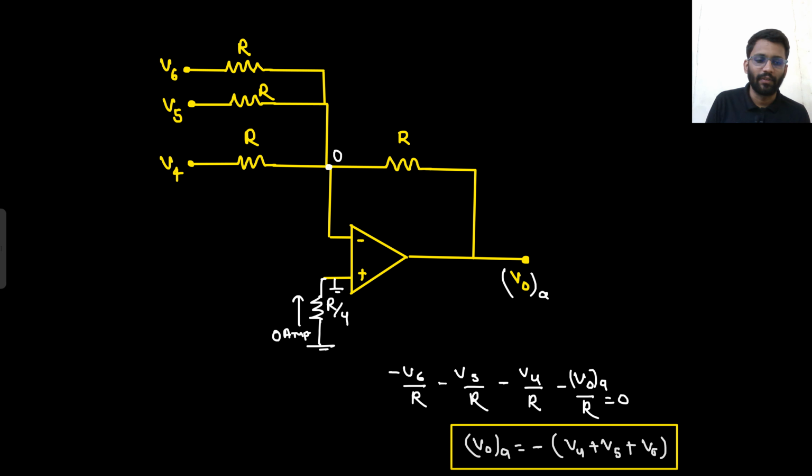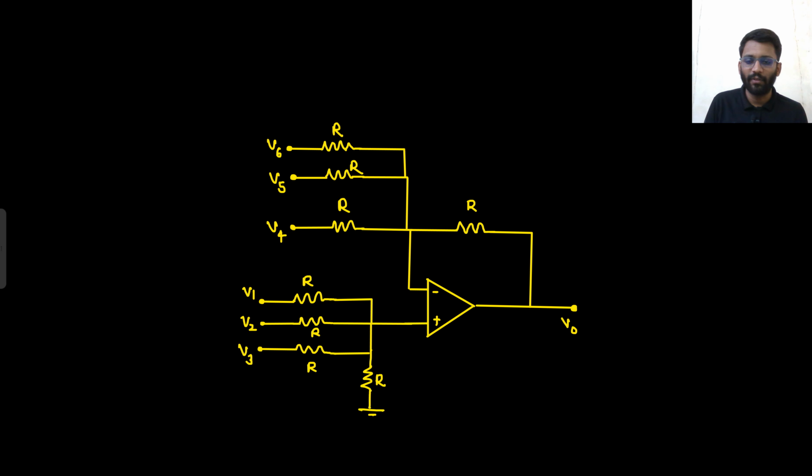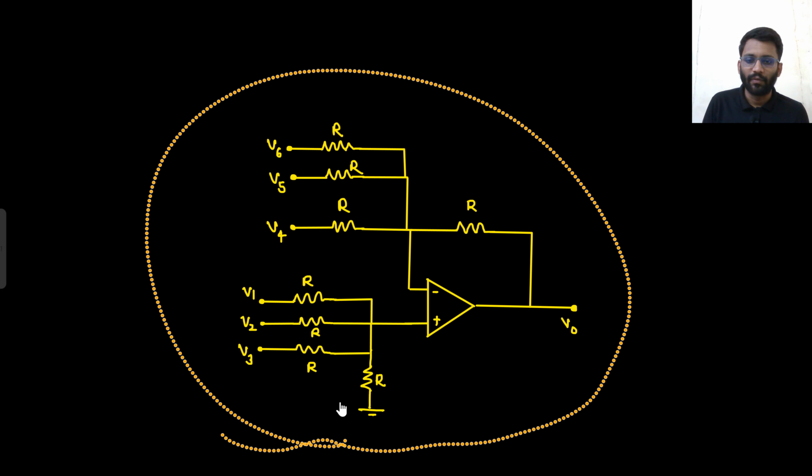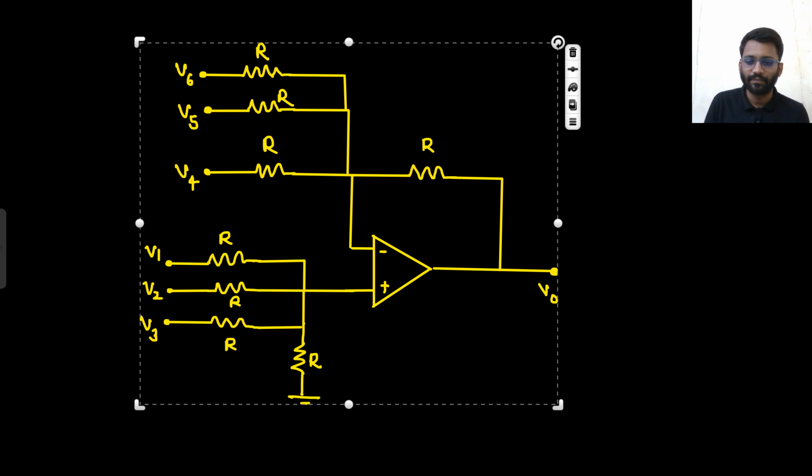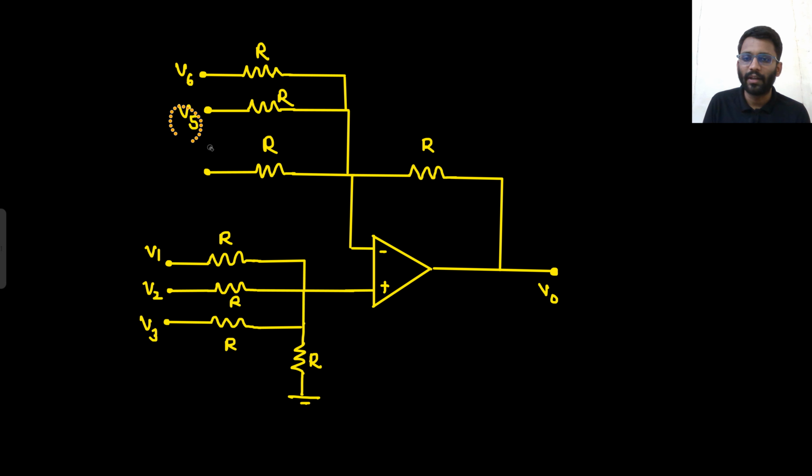Now we need to find V naught B. So for V naught B, what do we need to do? We will only consider V1, V2 and V3. So I am going to keep all of these shorted. This is shorted, this is also shorted, and this is also shorted. So from this node to ground you have R, from this node to ground you have R, from this node to ground you have R. So all these nodes are the same.